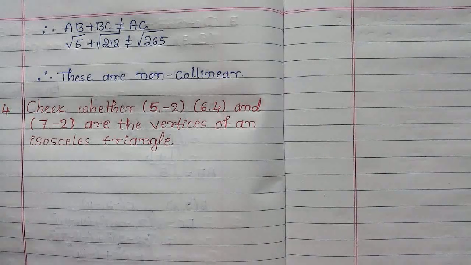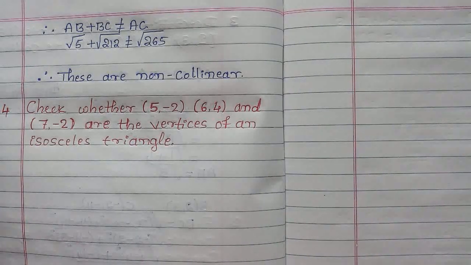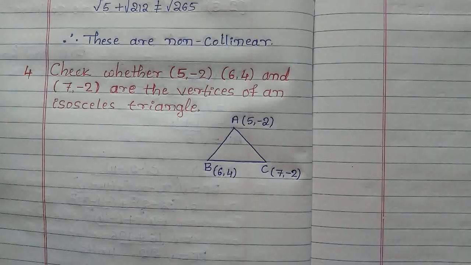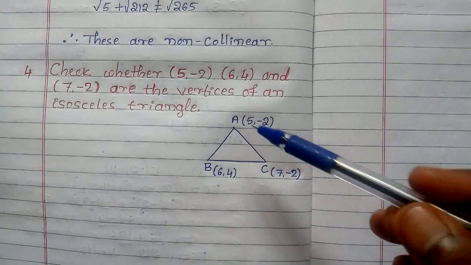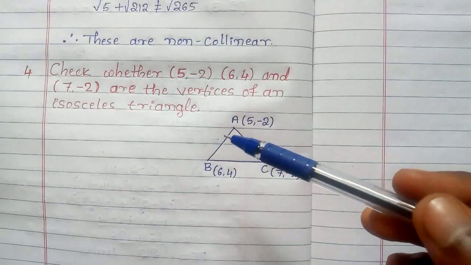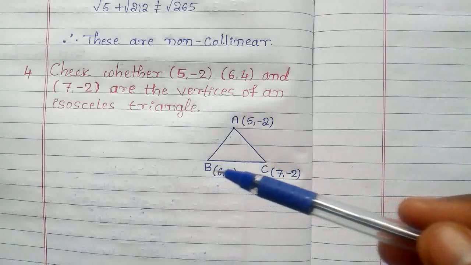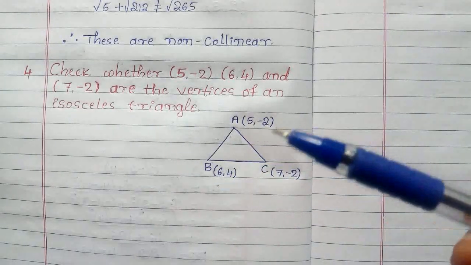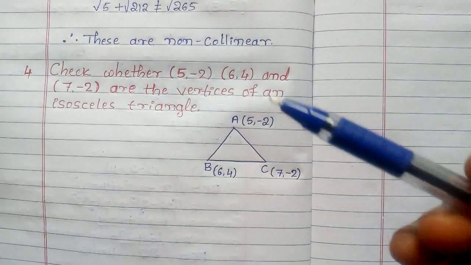A triangle in which any two sides are equal is called an isosceles triangle. In this triangle, if the distance between any two sides is equal, then it is an isosceles triangle, otherwise it is not.